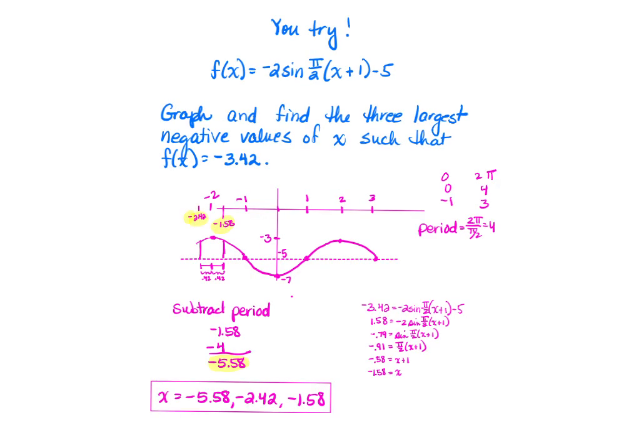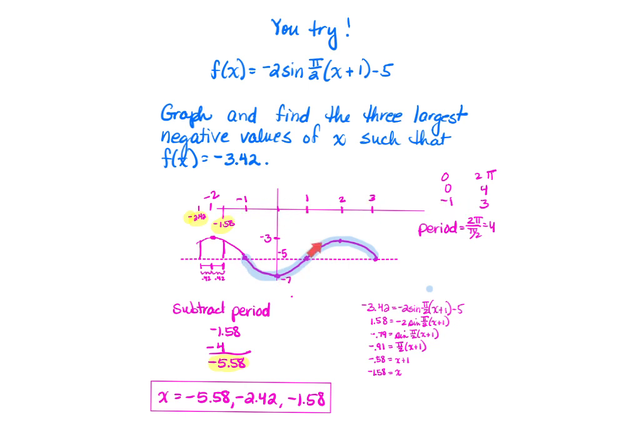Okay, here's the answer. So you'll notice that I first graphed my reflected sine. I graphed it right here. So I found my window, which was negative 1 to 3. You can see it was 0 to 2 pi. I divided by b. I subtracted c, which was 1, and I graphed between negative 1 and 3.